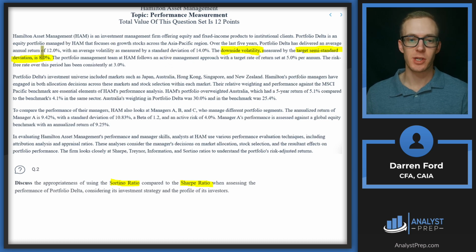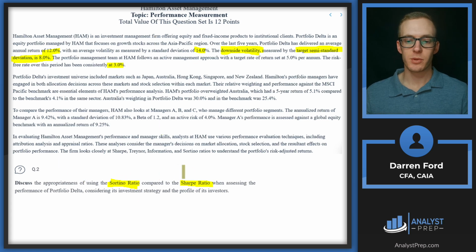Whereas the Sharpe ratio, we would use our returns and our vol and then our risk-free rate to calculate that. And that's just telling us what our excess returns over the risk-free rate are, adjusted for the standard deviation. So essentially, Sharpe gives us overall risk-adjusted returns. Sortino ratio is adjusting that for downside deviation, telling us what our potential downside of the portfolio is.